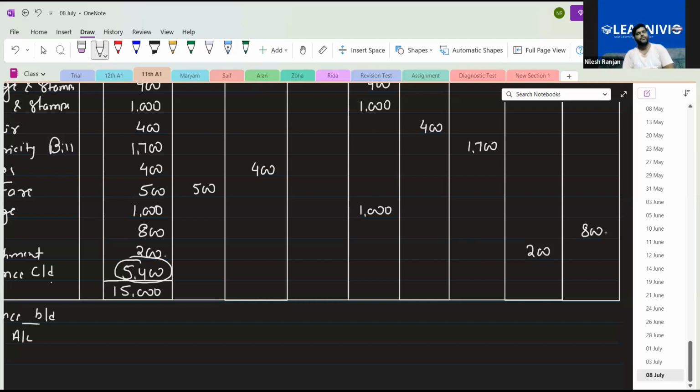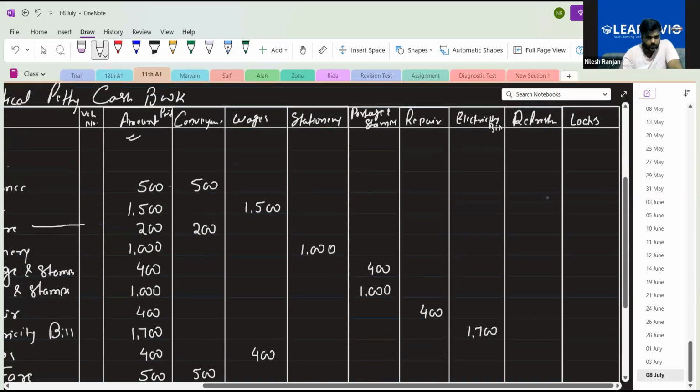Yes, sir. Then we will calculate the total of each column.